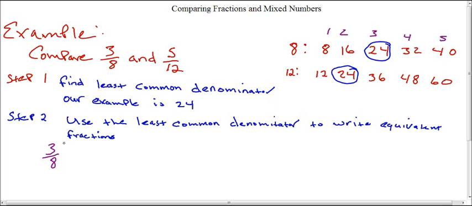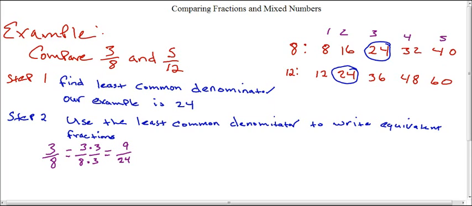In order to get our equivalent fraction, we will multiply both top and bottom times 3. This will give us 3 times 3 is 9 and 8 times 3 is 24.